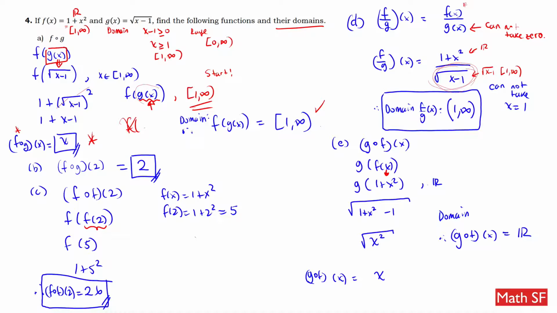And then when you put it into g, it doesn't matter. Actually, it doesn't take anything away. Look, x squared is still a positive number. So any number that you take is fine. So your domain should be all the real numbers. Always start with the inside. The inside is how you're going to start your domain.